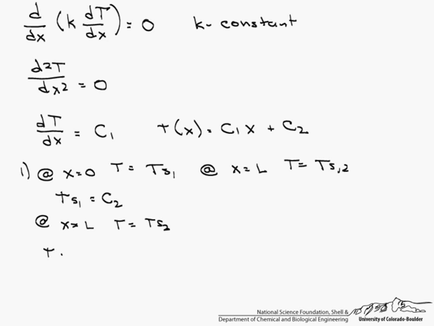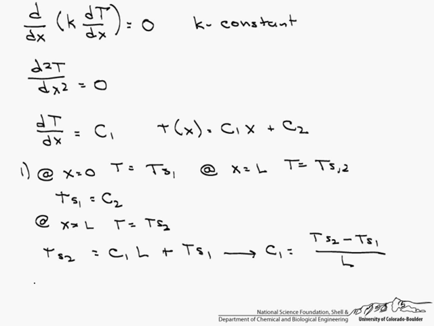So Ts2, which I'm putting in for T of x, equals C1 times L, because x is L, plus C2, which we already solved for. And so our C1 is going to equal Ts2 minus Ts1 divided by L.